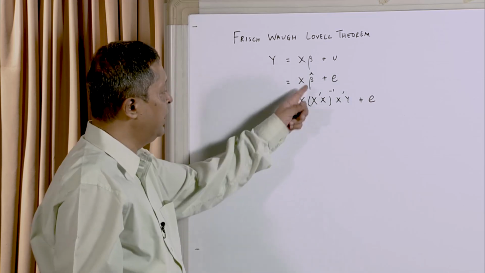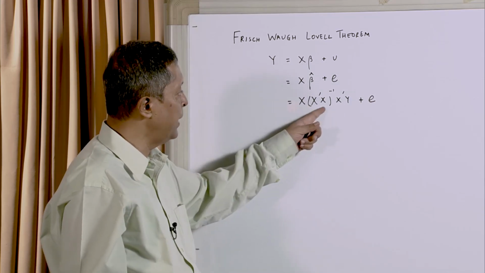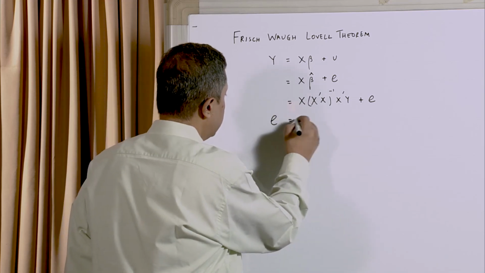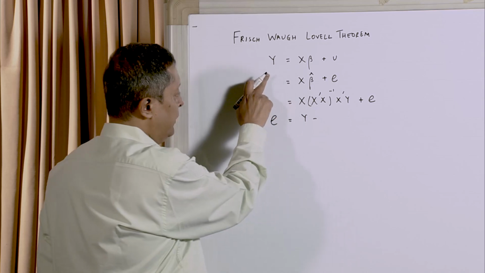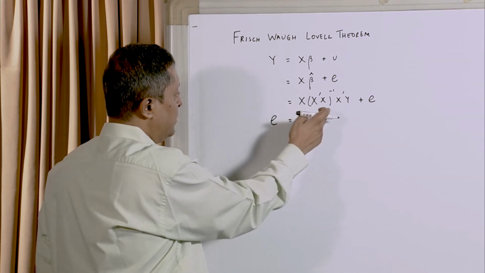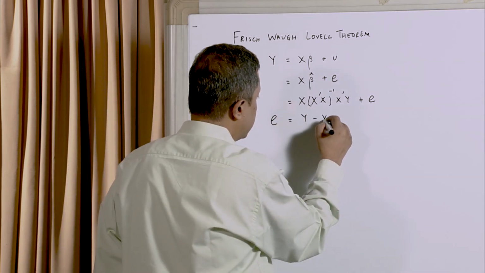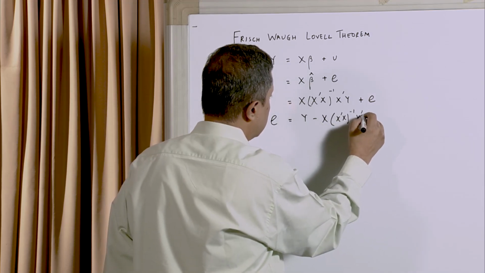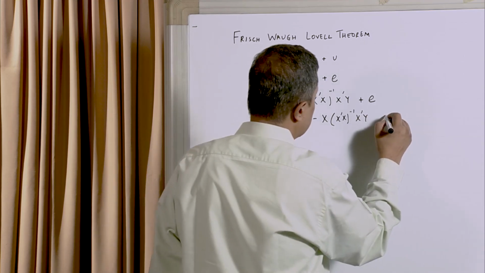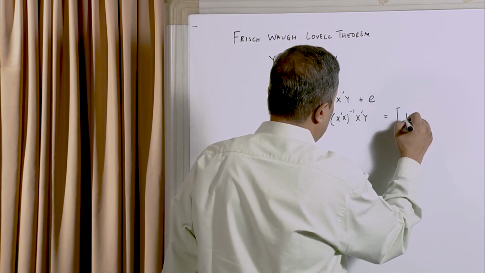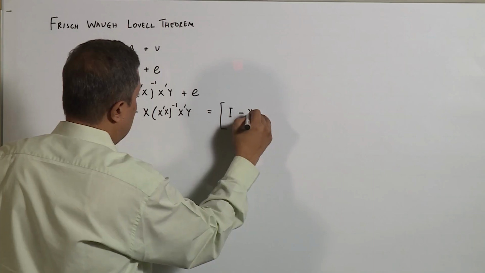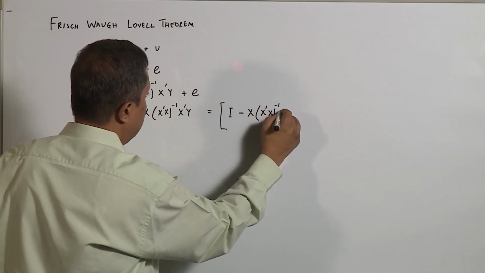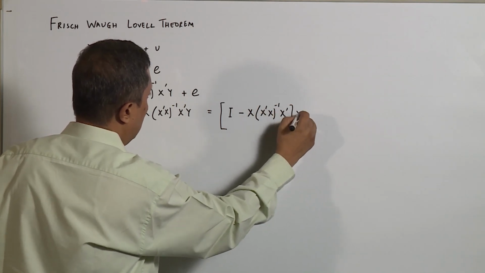So, we replace beta hat by our known formula, that is (X prime X) inverse X prime y, and therefore, the error is y on the left hand side minus this first term on the right hand side, which is X into (X prime X) inverse X prime y, which gives us I minus X (X prime X) inverse X prime, times y.